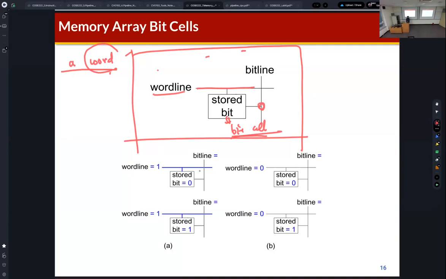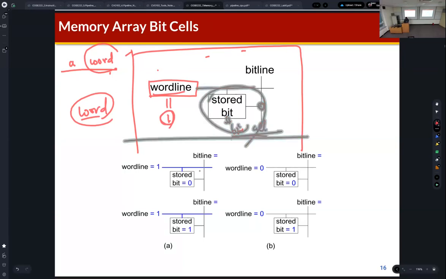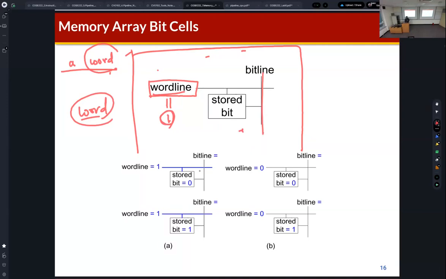If we want to read or write a certain word, then this word line is activated, which means the word line becomes 1. Then we can read or write data to this target word, and we can read the data through the bit line. This is the typical structure of the memory.